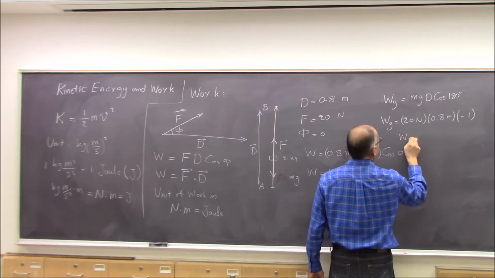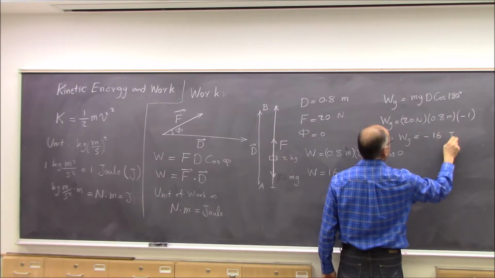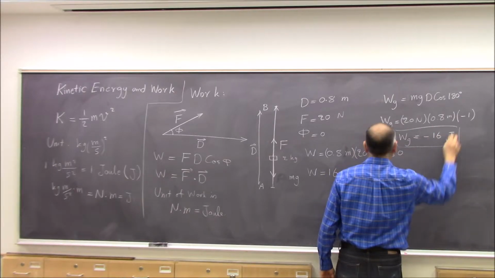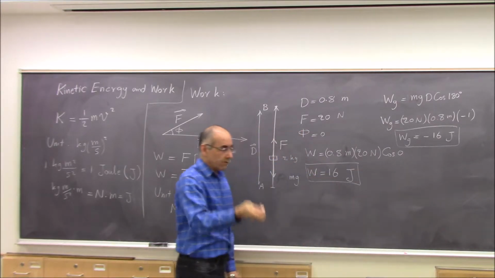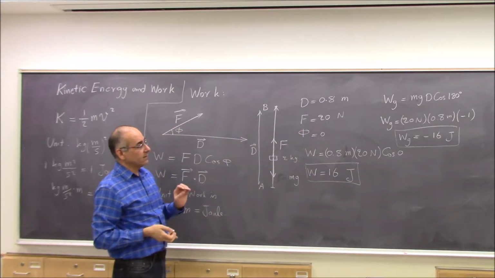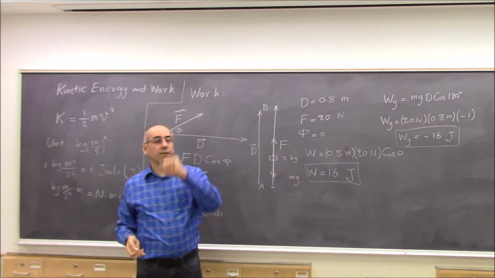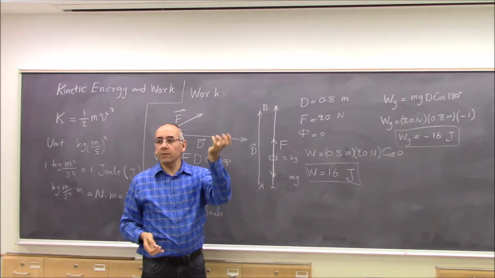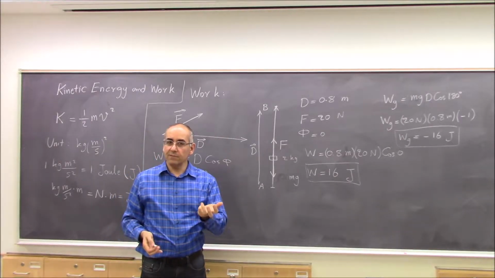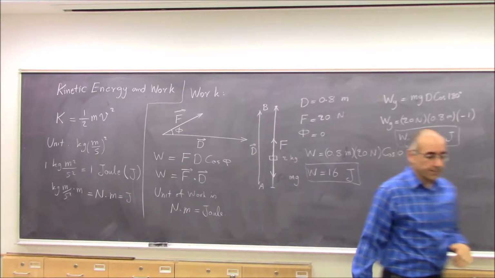So work of gravity is equal to -16 joule. Work of my hand, if I'm moving slowly, without acceleration, I have to apply the same force of 20 Newton. This is called moving it in equilibrium, meaning it's not accelerating. Very, very slowly you're moving it. It is in equilibrium at any point.